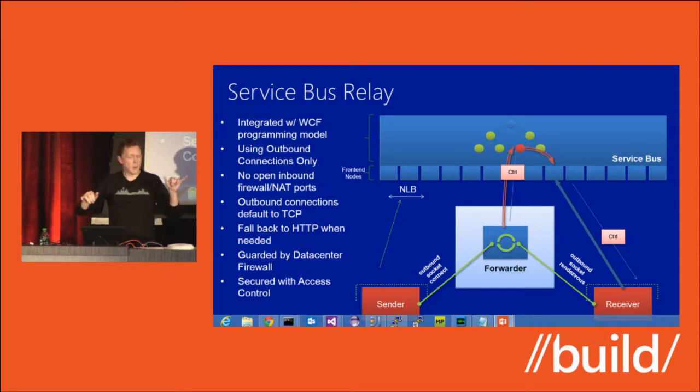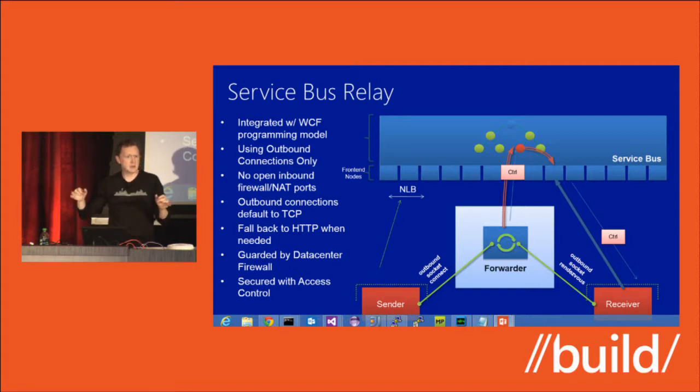And when they start their client for that service, instead of talking to the service directly, it makes an outbound call up to the relay, and the relay joins those two connections together and flows the requests and responses from the client within one organization to the service within another organization.